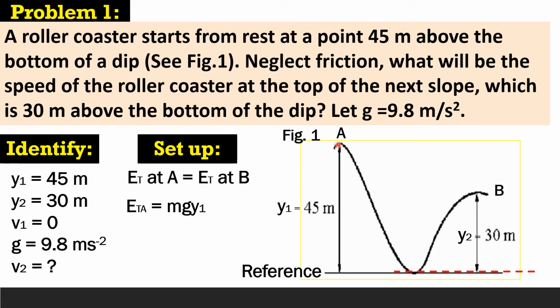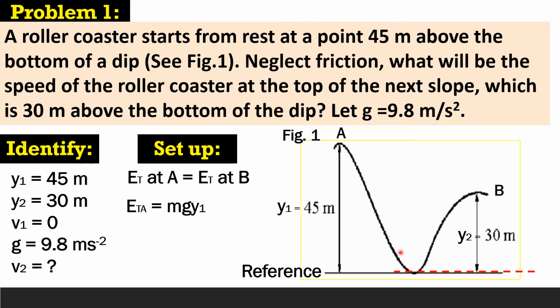At point A, the roller coaster has gravitational potential energy, no kinetic energy. And then, as it goes down, this potential energy will start to decrease. Every amount of potential energy that is decreased from the original becomes the gain in kinetic energy.